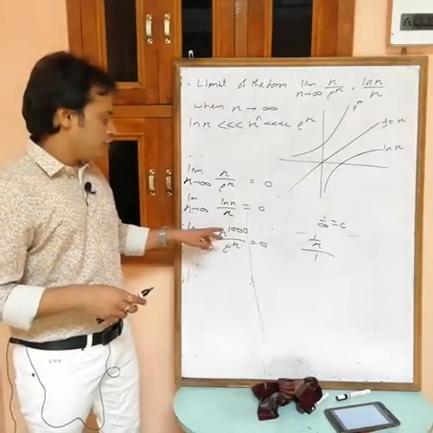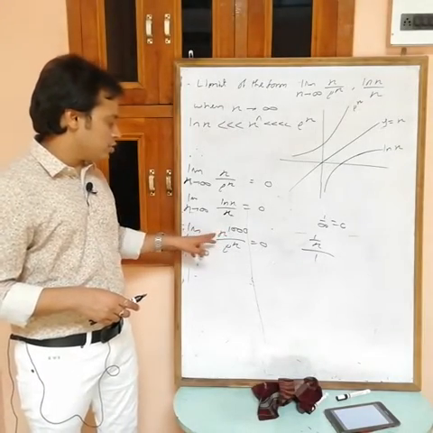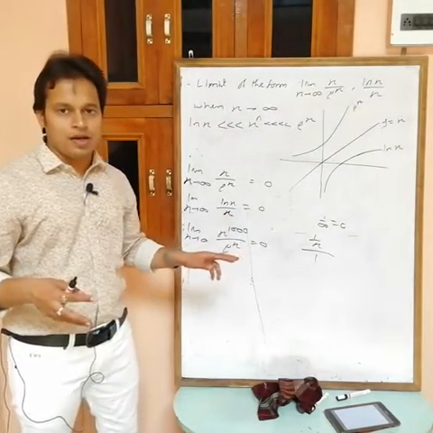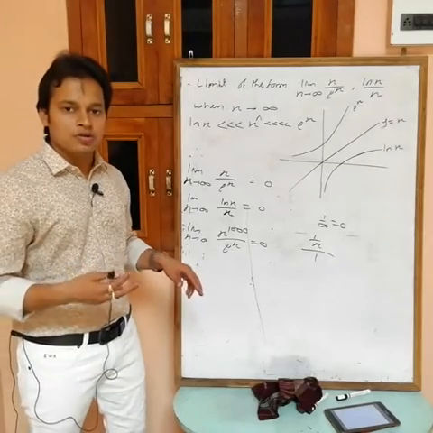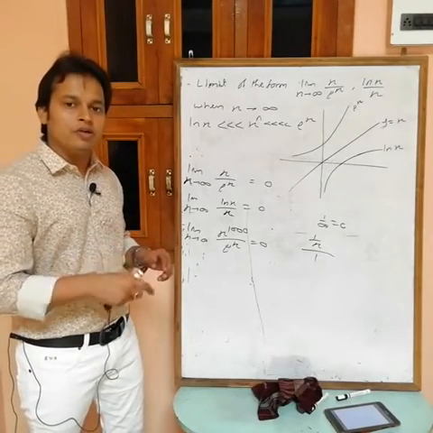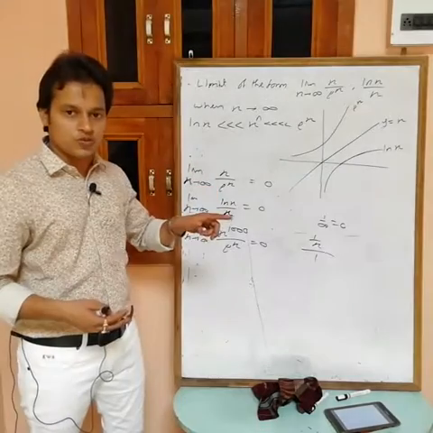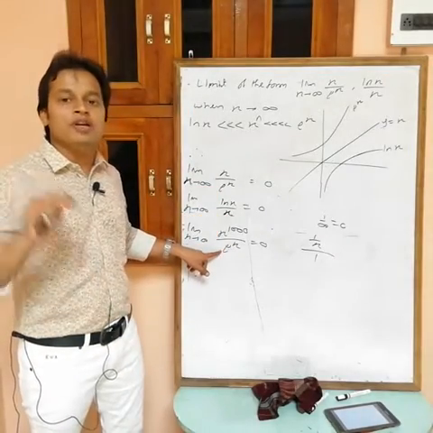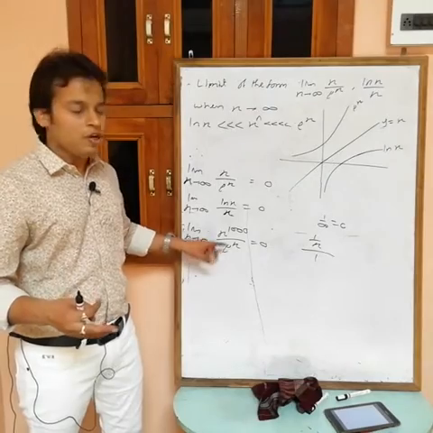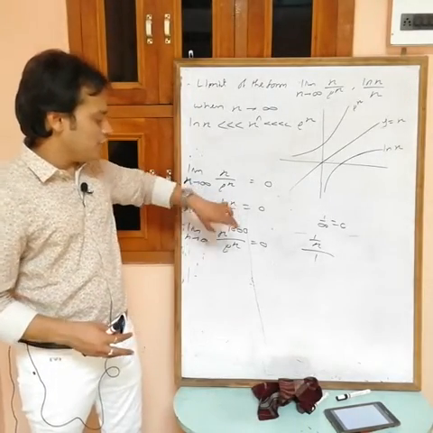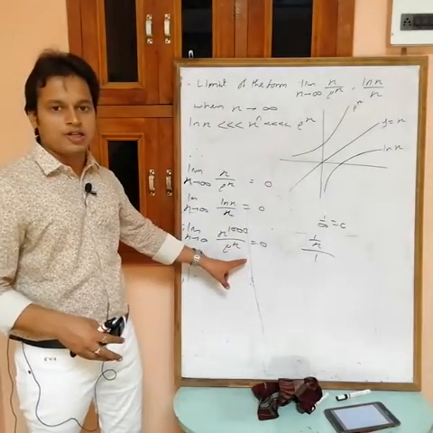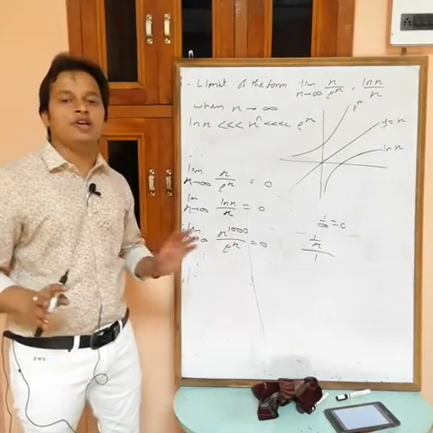If you use L'Hopital, what will you get? 1000 into x power 999, then again 1000 into 999 into x power 998. So you will get x power one less than the previous one, but e power x always remains e power x if you differentiate. Finally at the end you will get a finite value by e power x. If you put x equals to infinity, finite by infinity is 0.